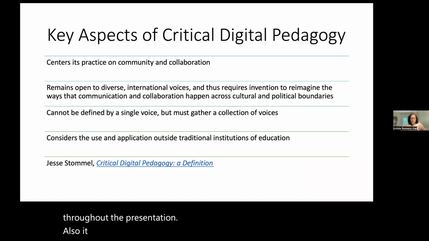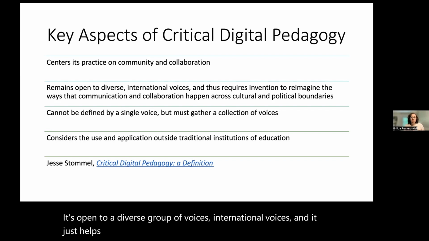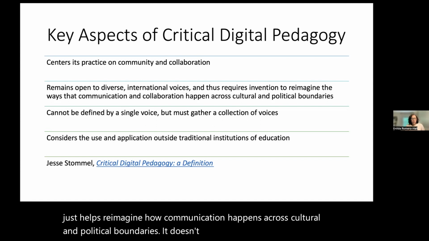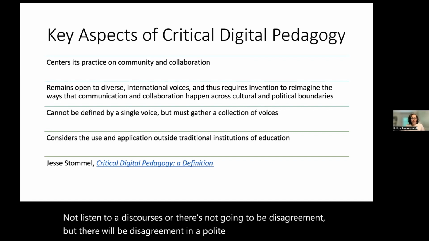Also, it means that your online teaching practice is open to a diverse group of voices, international voices, and it helps reimagine how communication happens across cultural and political boundaries. It doesn't mean that you're not going to listen to discourses, or that there's not going to be disagreement, but there will be disagreement in a polite and open manner.